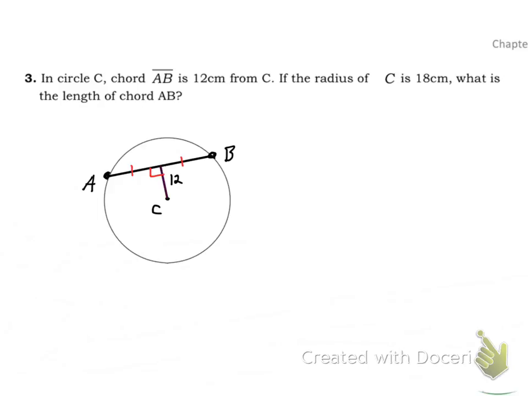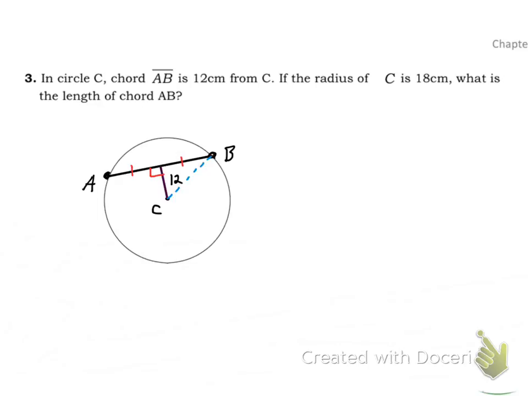The next thing I'm going to note is the radius of C is 18 centimeters. Here's my hint when drawing your radius. You could draw your radius out here and say that's 18, but does that interact with my drawing at all? No, it doesn't. So my advice to you is when they tell you a radius, try to create a triangle because we know how to work with triangles.